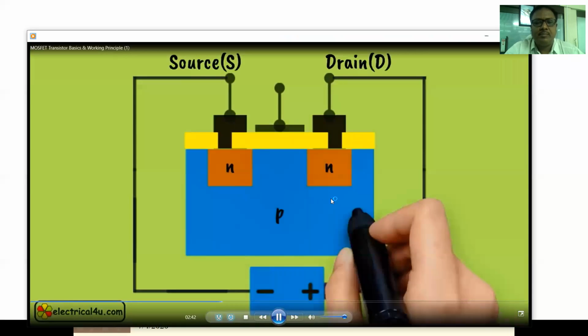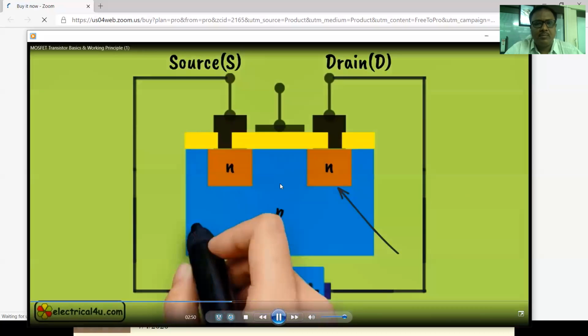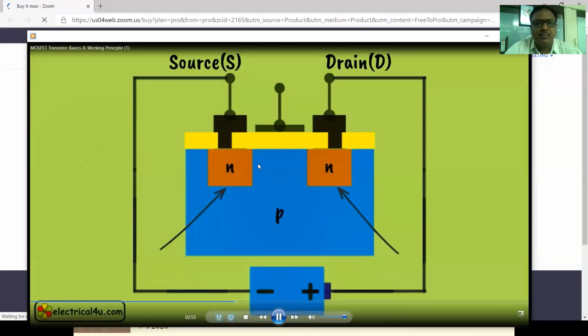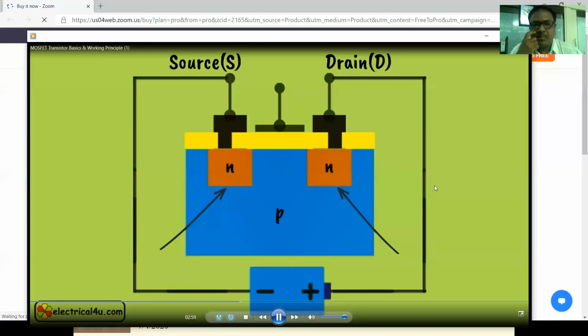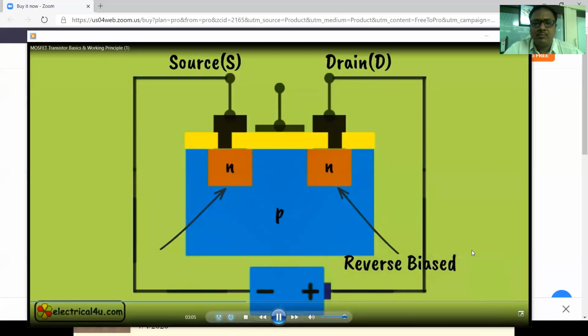One is in between N-type drain and P-type base, and the other is in between P-type base and N-type source. As drain is connected with positive terminal of the source, the drain is in higher voltage than base. Hence, this PN junction is reverse biased.